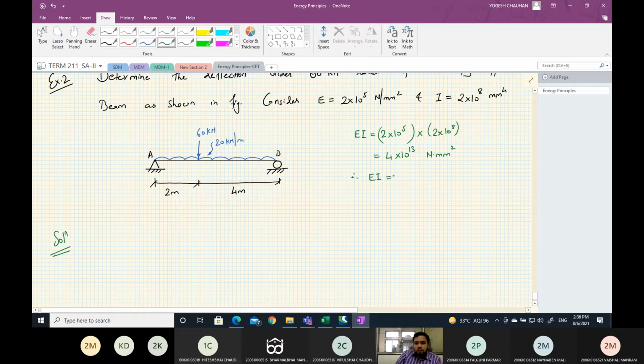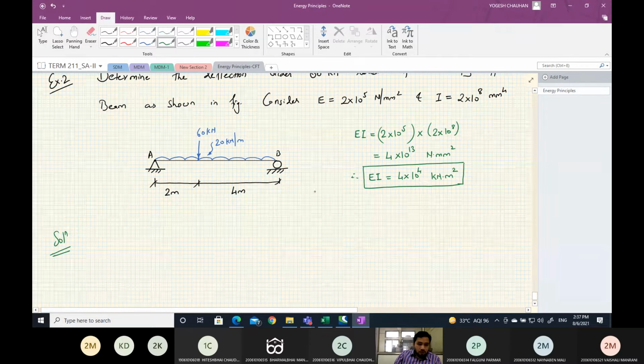So we convert this into 4 into 10 to the power 4 kilonewton meter square. So always do this first, because if you are not consistent with the unit, your answer will be wrong.